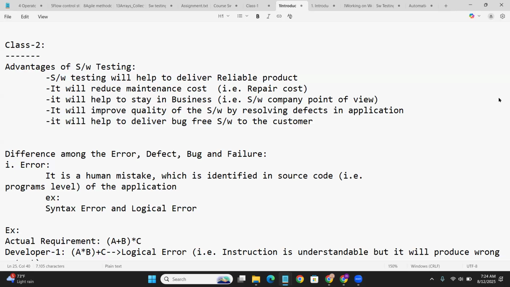Right. Is it clear? Any doubts up to here? Up to here only we discussed in the last class. Sabi, is it clear? Any doubts? Hello? Can you hear me?